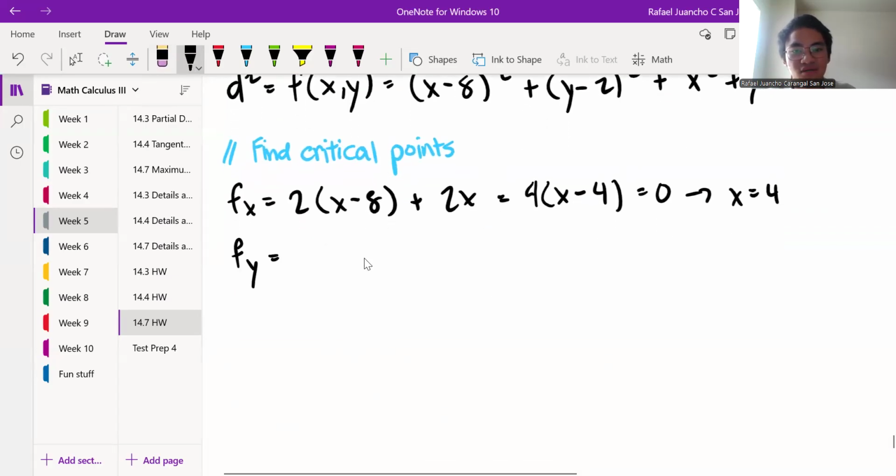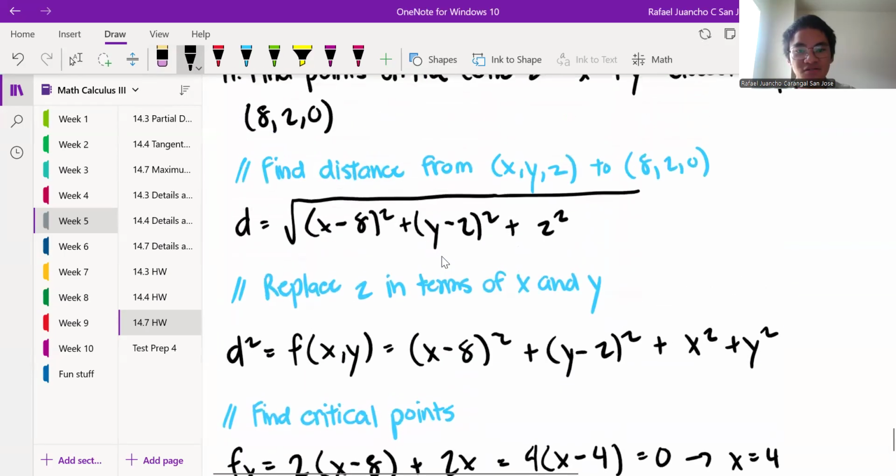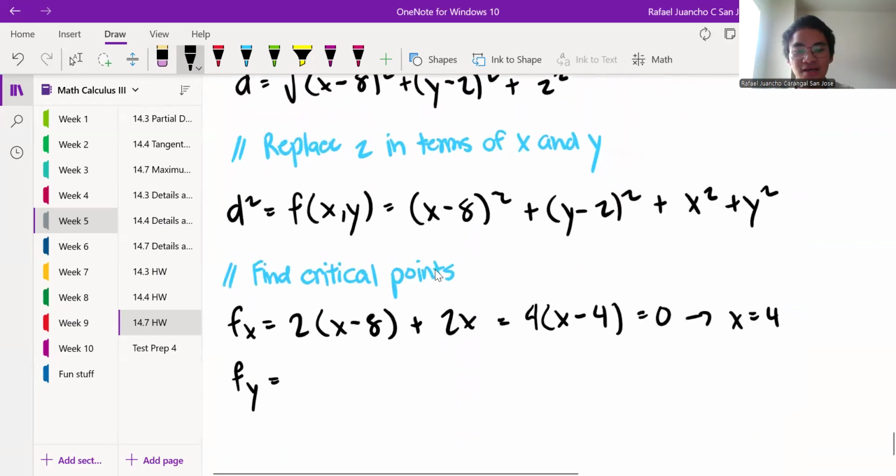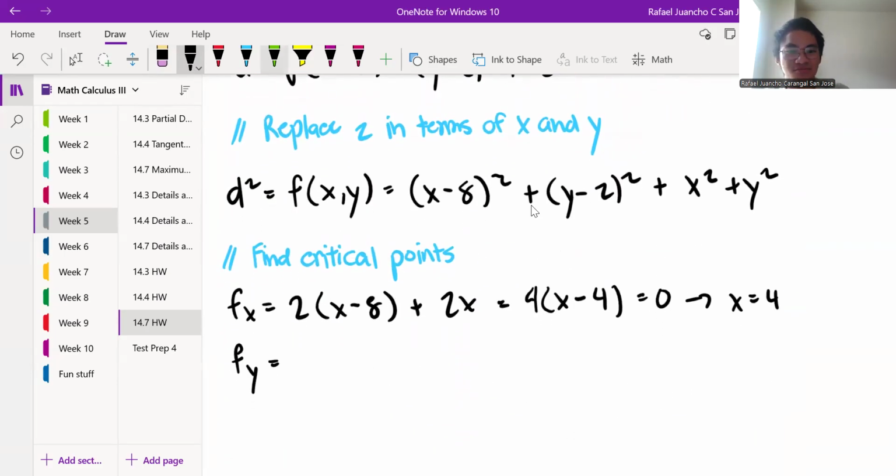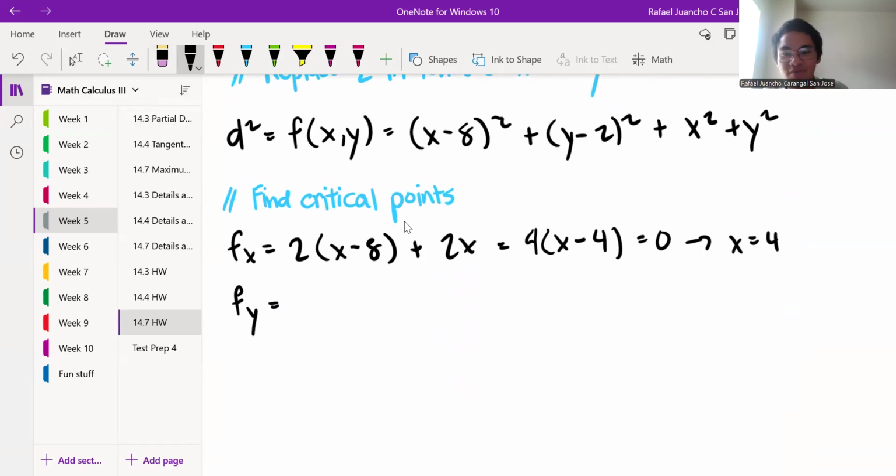Right? Then I do the same thing here. F sub y. So what actually makes this easy is that I don't have to solve a system, because I don't have a term where I have both x and y in the same term. This is a separate term, separate term. I only have one variable in each term. So when I take the derivative, I'm good, because I get to erase the other one. So this is 2 times y minus 2.